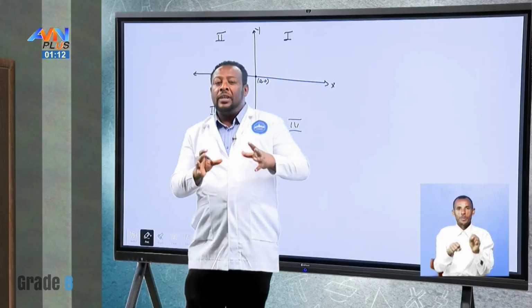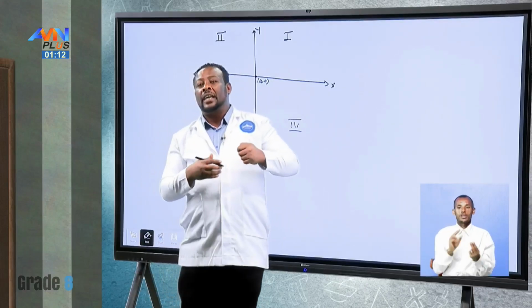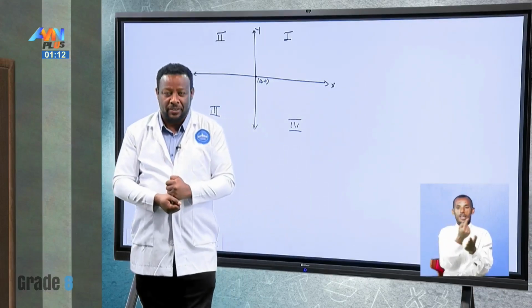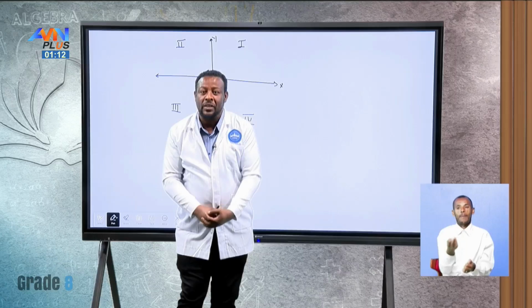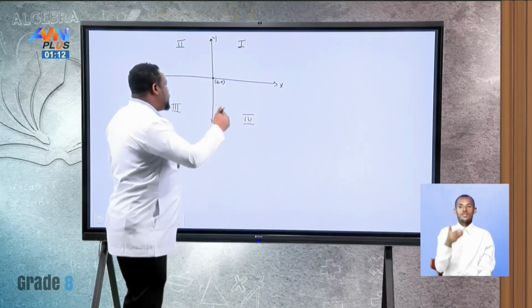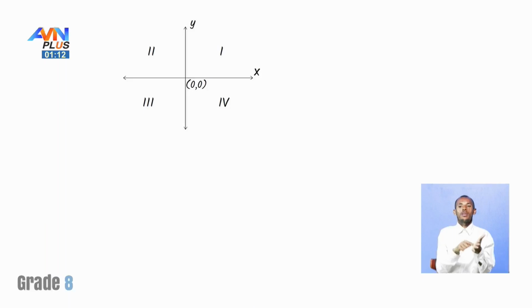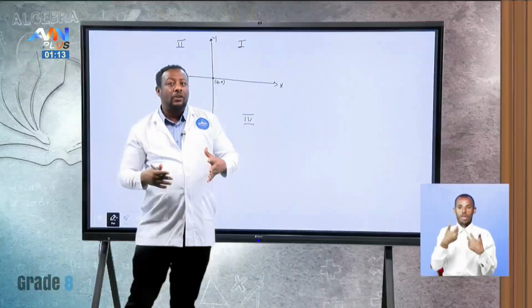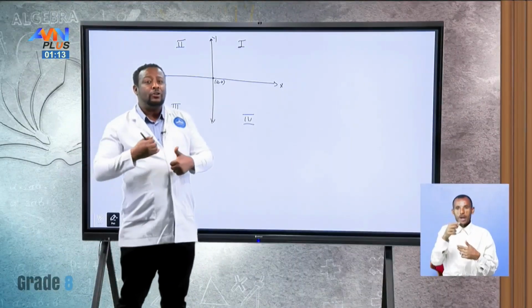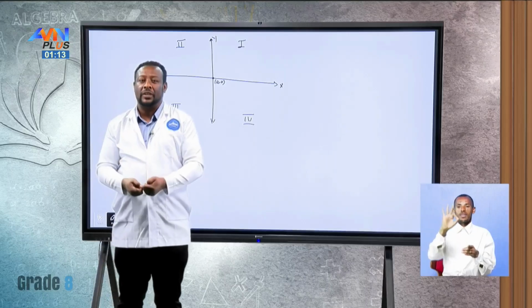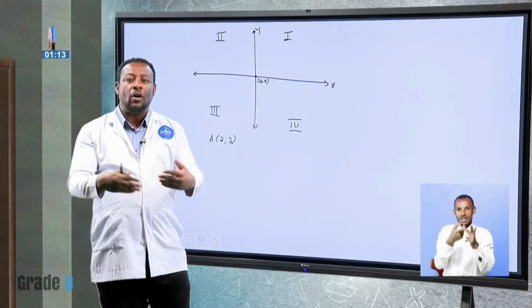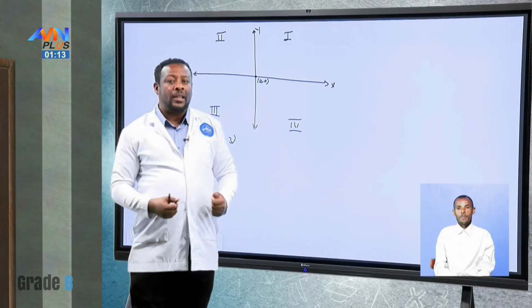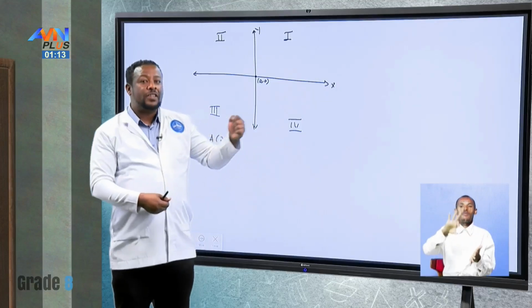So having these quadrants, we have also seen the nature of the points in each quadrant, okay? Do you remember the nature of the ordered pairs in the first quadrant? Good. If you take a certain point, say the point is 2, 3, where do you think this point is found? Is it in the first quadrant, second quadrant, third, or fourth? Well, this point is found in the first quadrant.